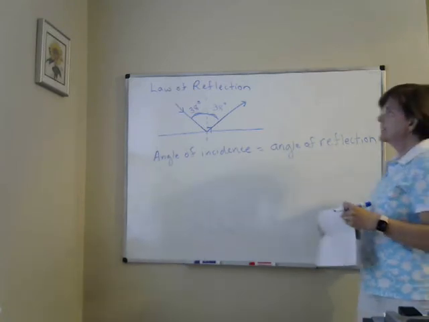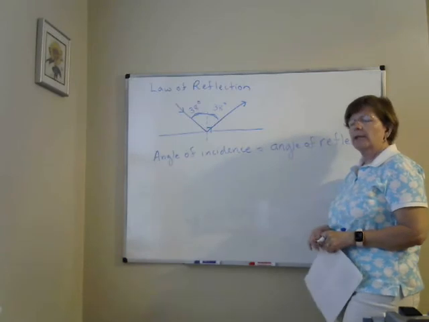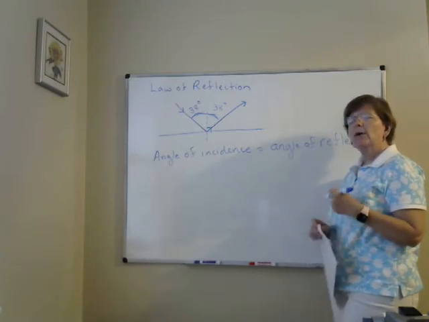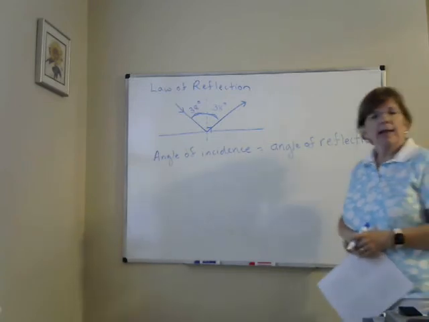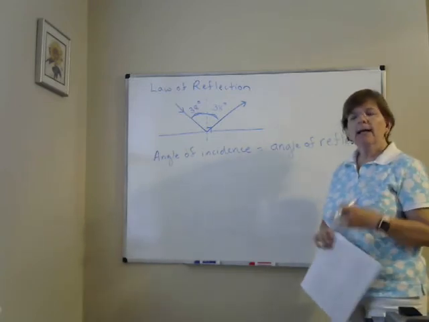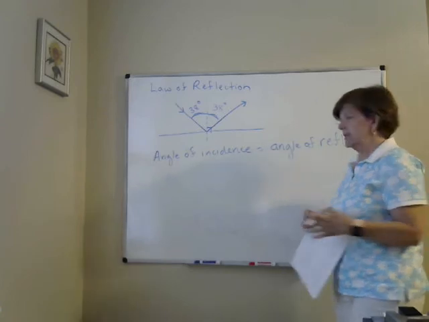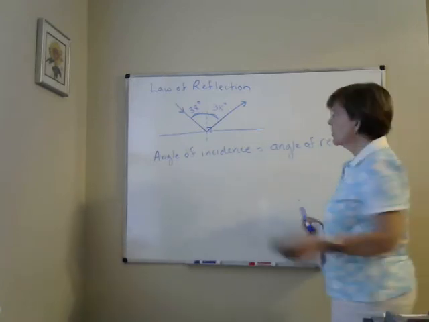One of the interesting things is using this law of reflection, we can actually see how plane mirrors, and the word plane in this case just simply means flat, a flat mirror like your bathroom mirror, makes images. So, draw a picture.